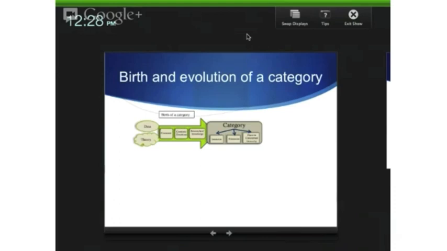But once a category is formed, we normally lose all those connections, and in a way, we lose part of the identity of the category. It is important in our current systems.